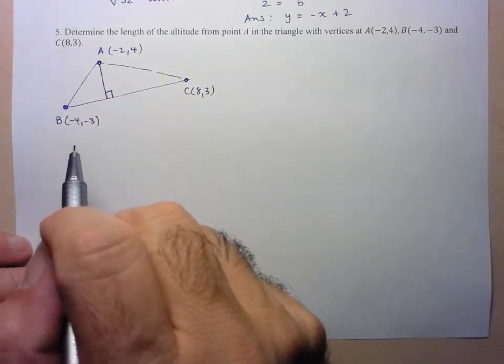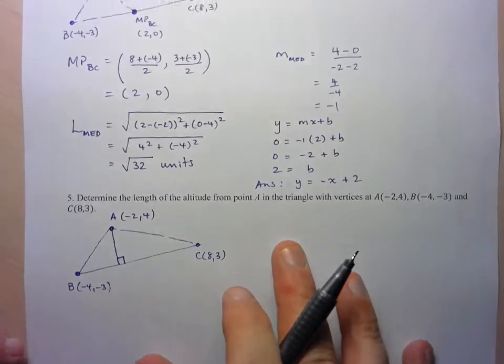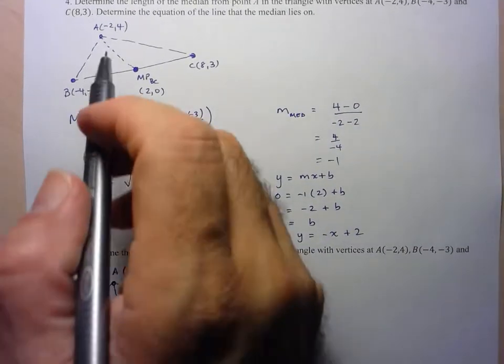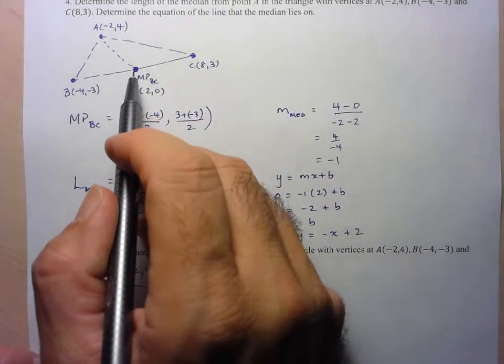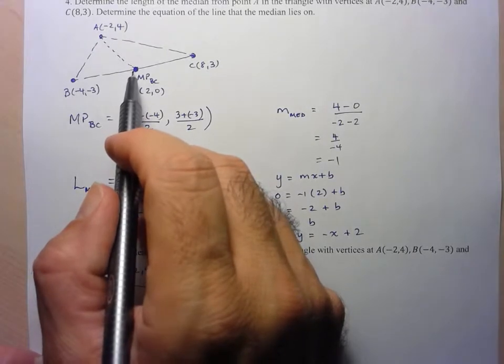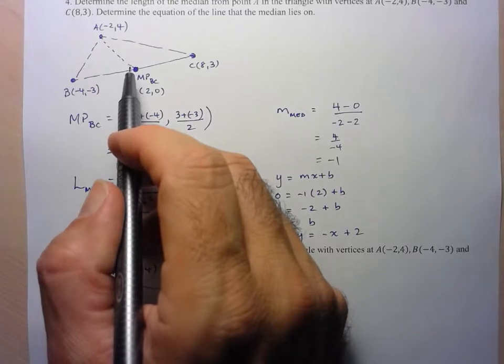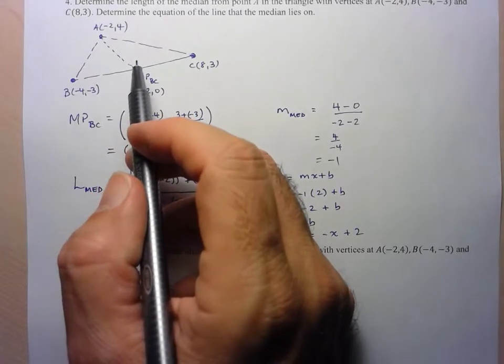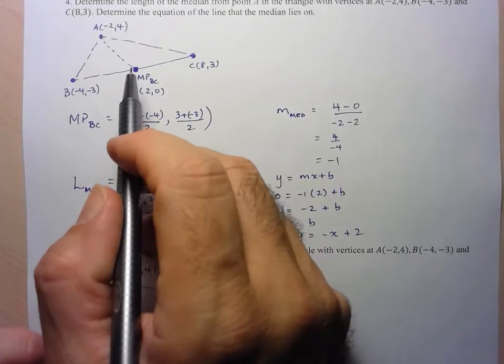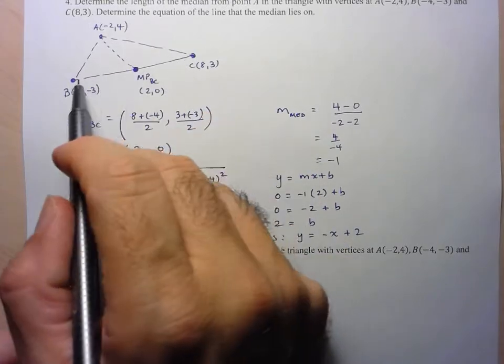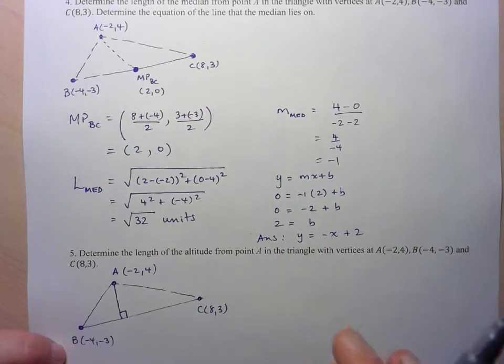Now, if you recall in the previous example, we were again looking for the length of a line segment, but it was easy to determine the other point on that segment, because it just happened to be the midpoint between the other two vertices.